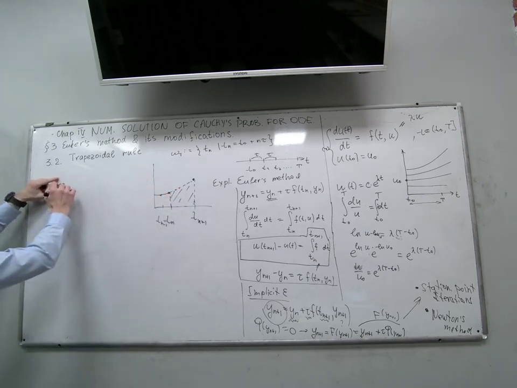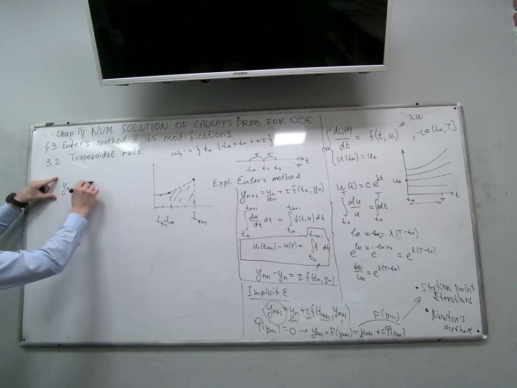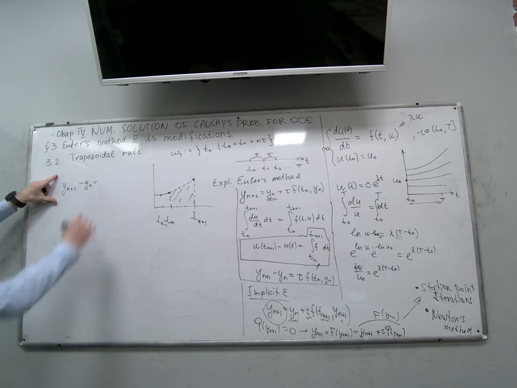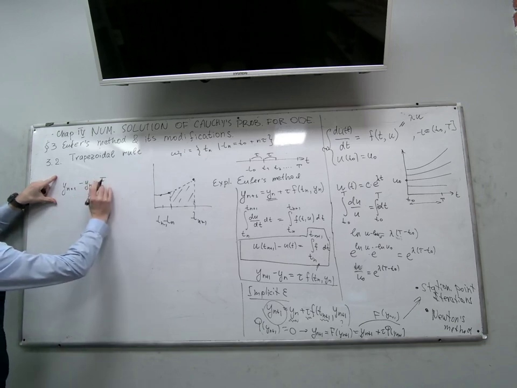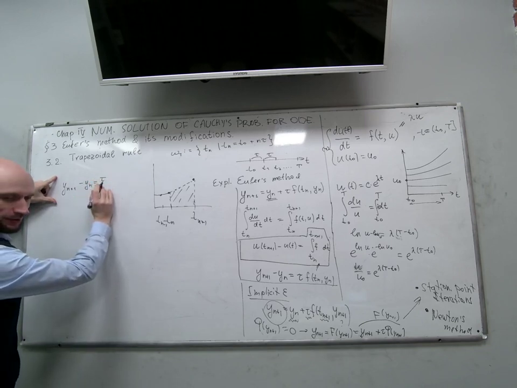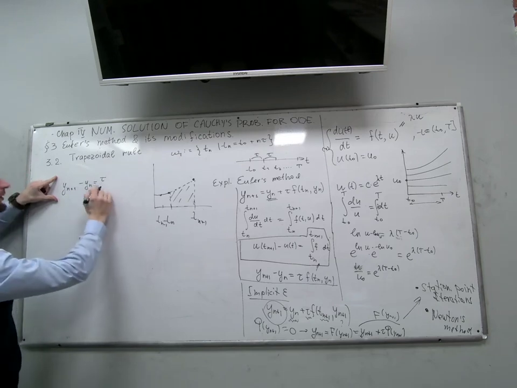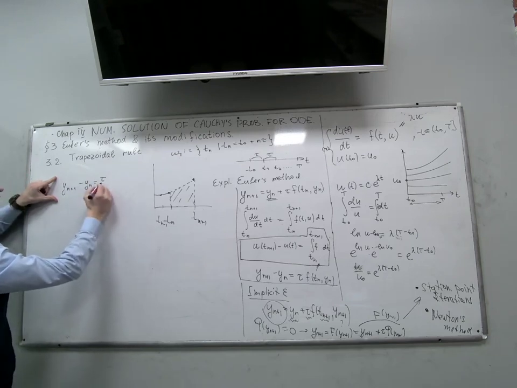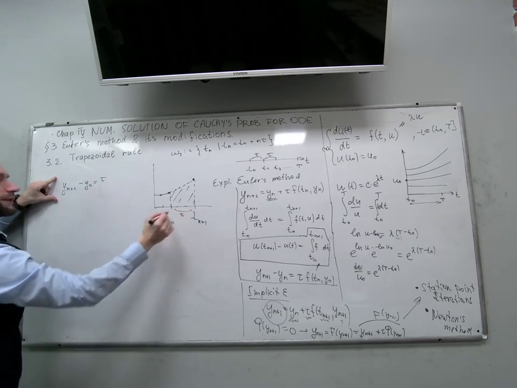Let's do that. So yn plus 1 minus yn is equal to the trapezoid. What is the area of the trapezoid? Here, Tn, tau.